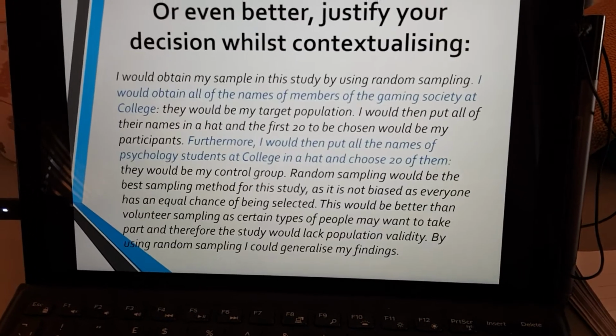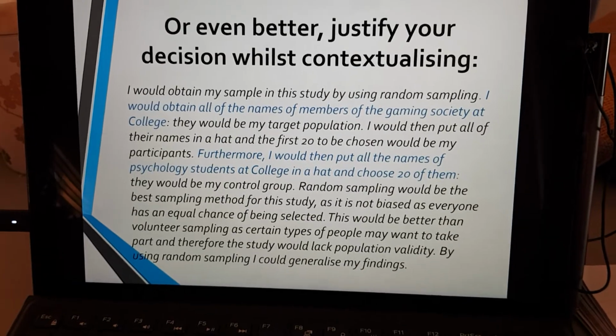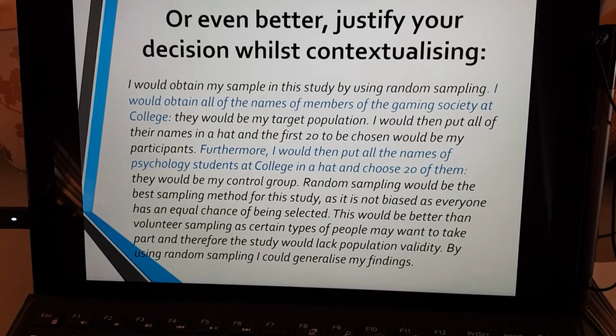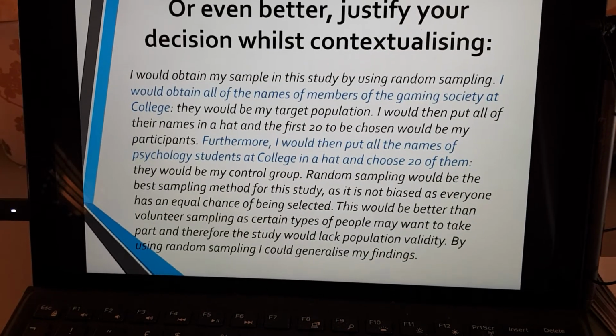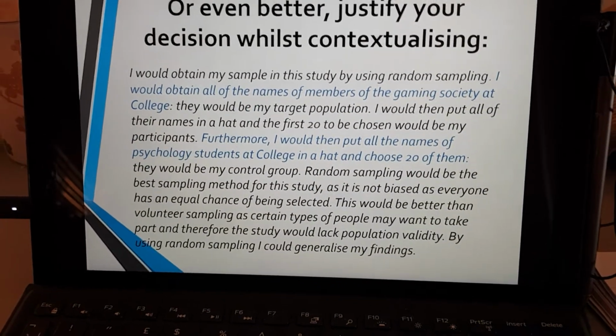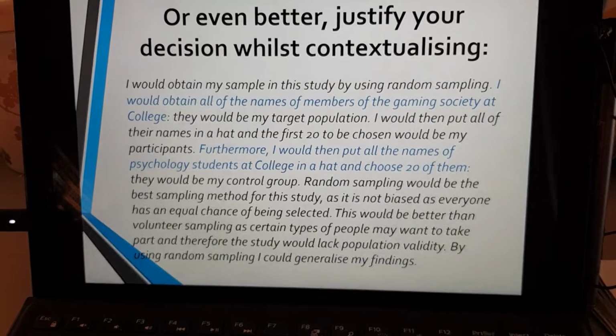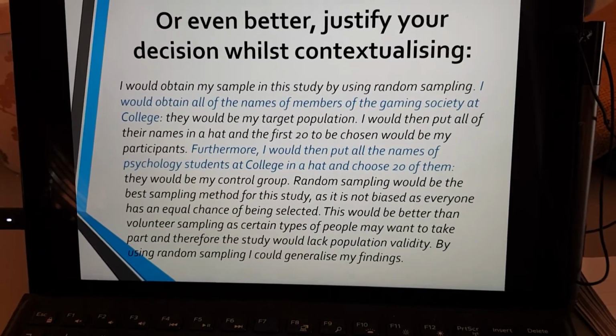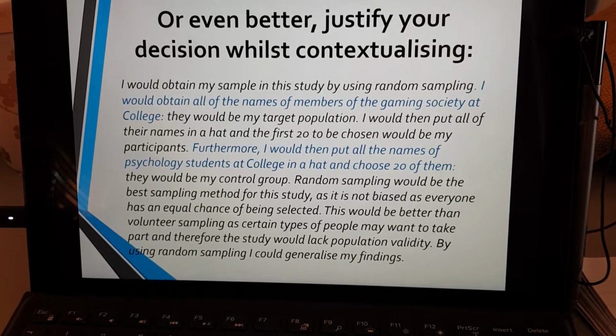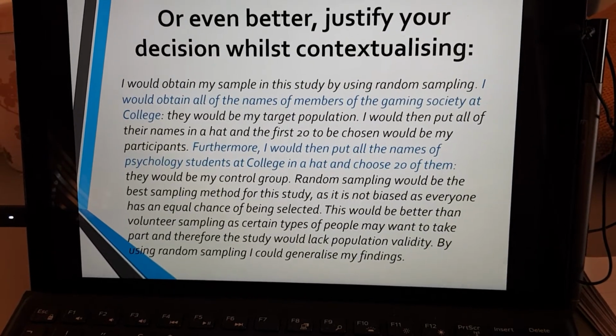Okay, so here's an example. Yeah, so this one's on sampling. Okay, so they're saying that they're going to do random sampling, so they've identified the bullet, and they've put the context in, so I've highlighted it in blue. Yeah, so I would obtain my sample by using random sampling.